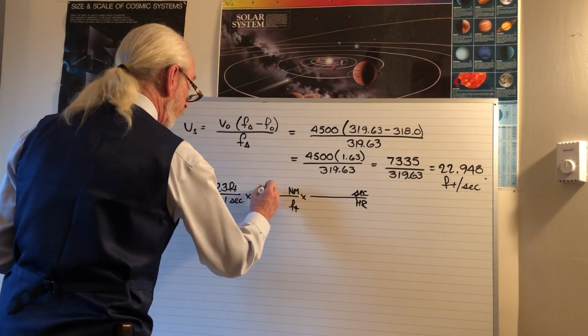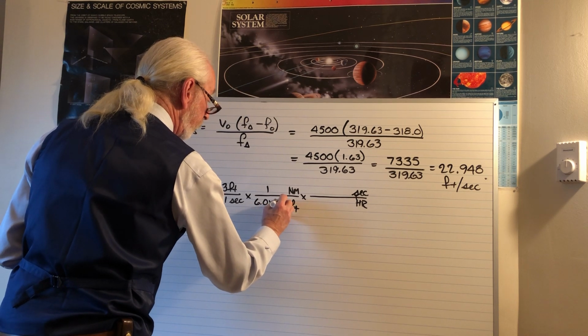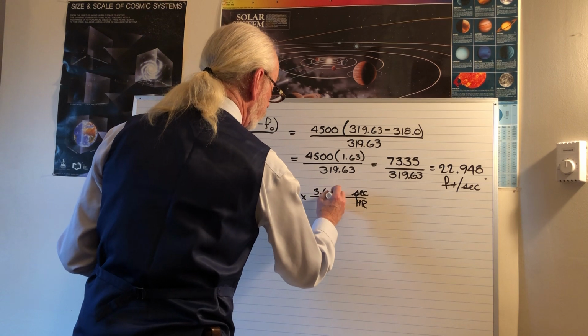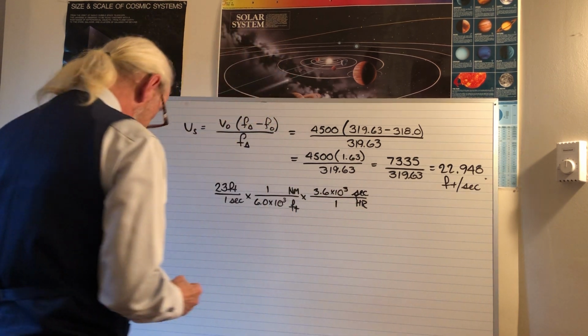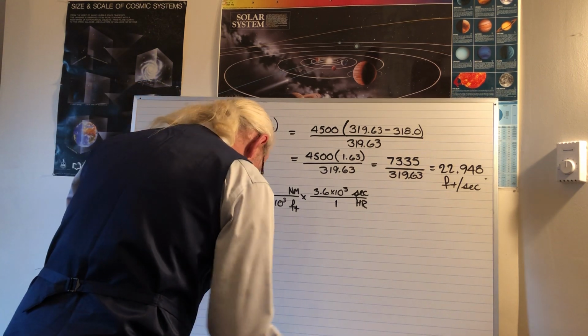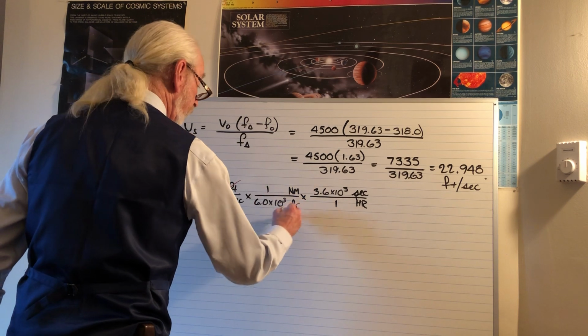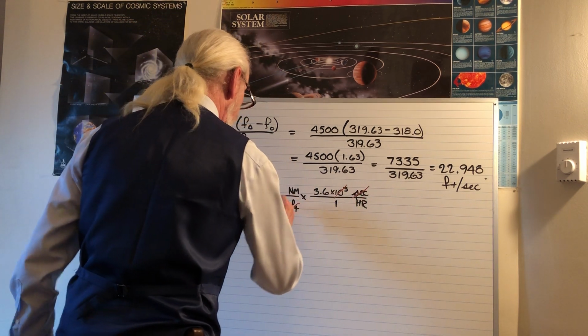Okay. 6,000 feet makes 1 nautical mile. 3.6 times 10 to the third seconds makes 1 hour. Cancel, cancel, cancel, cancel, cancel, cancel.